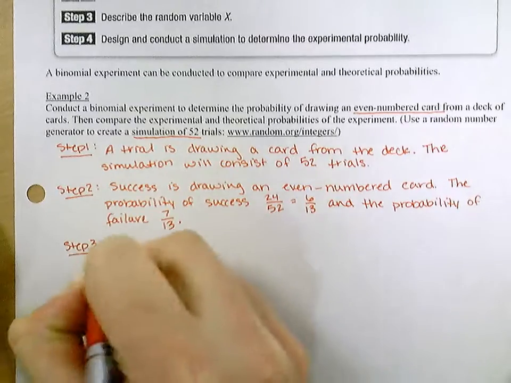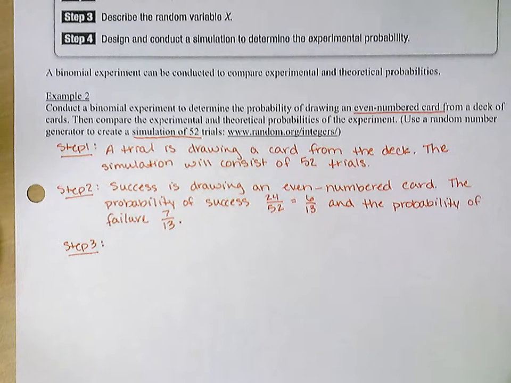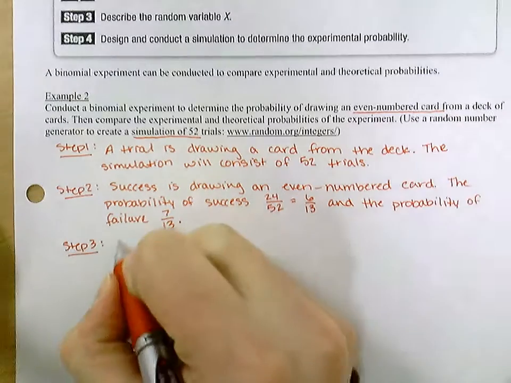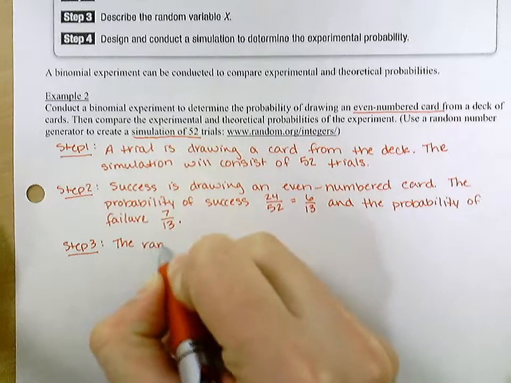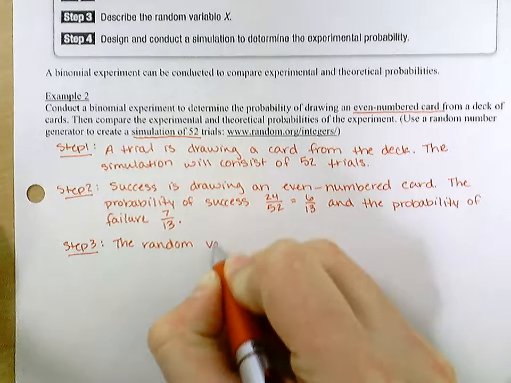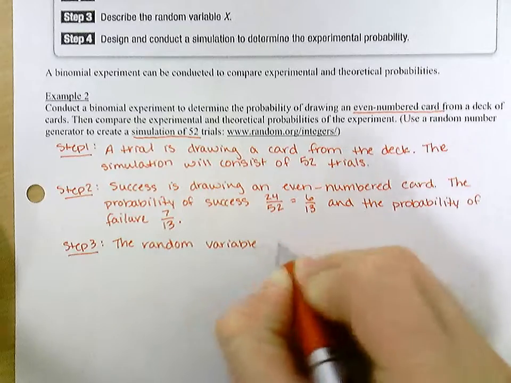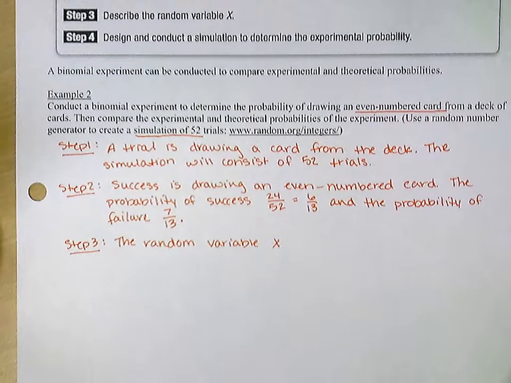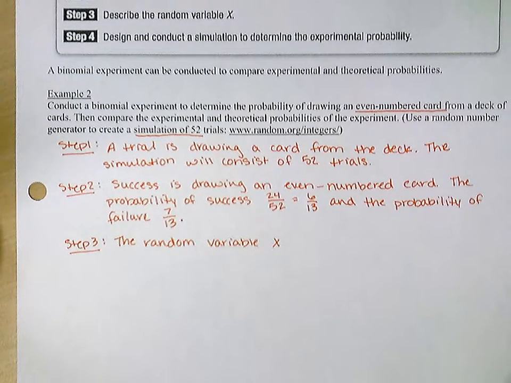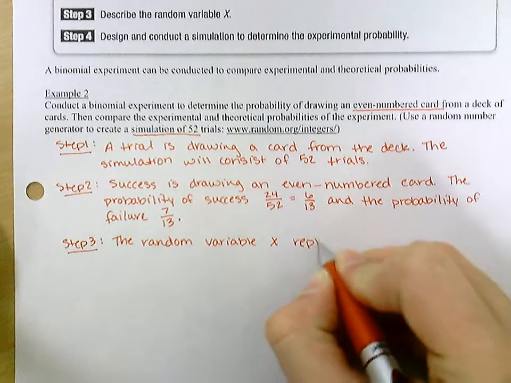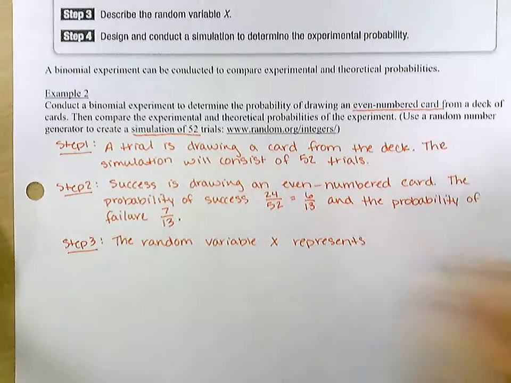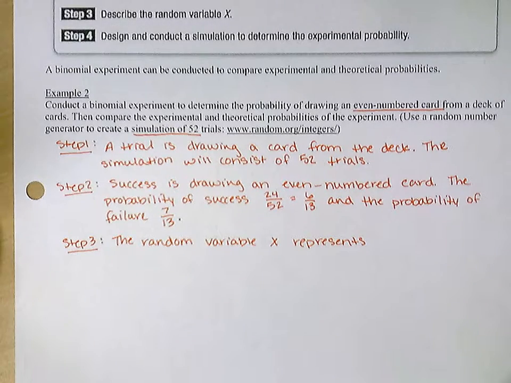All right, so we finished up step 2, so now I want to go to step 3. Step 3 is to describe the random variable x. So the random variable x represents what? X represents even numbers, the even numbered cards.